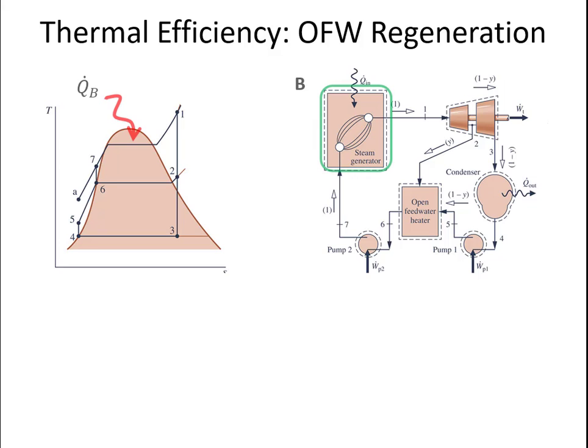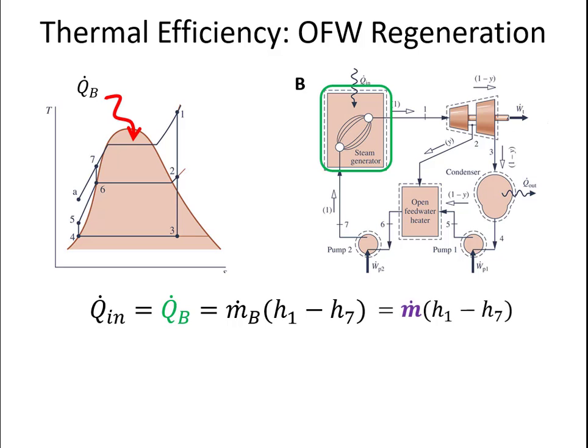Now if I'm looking at how much heat is put into the system, in this case, unlike the reheat case, I only have one place where I'm adding heat, and this is going to be m dot times h out minus h in. I remember here that through the steam generator, I have all of the mass flow rate going through the component.